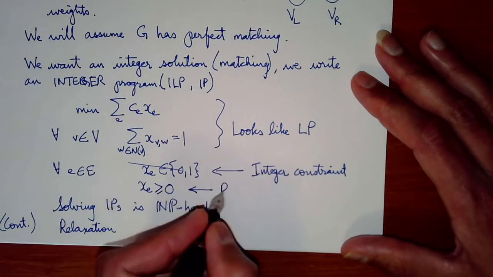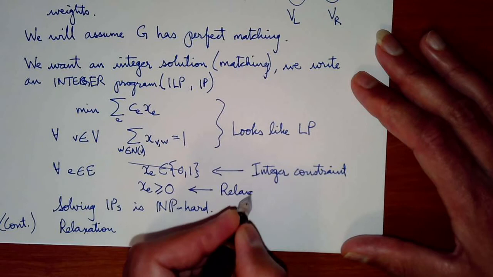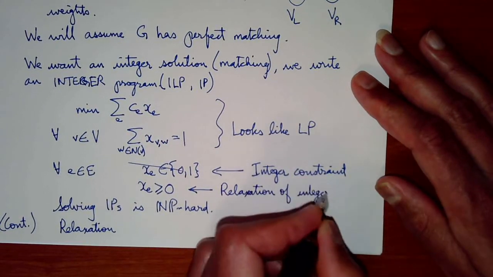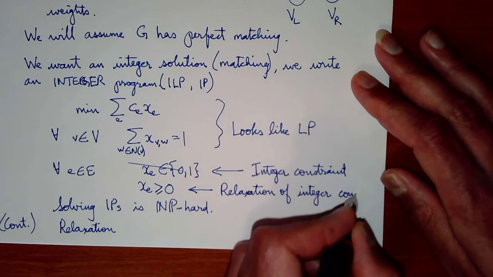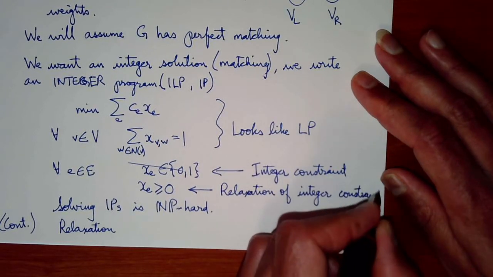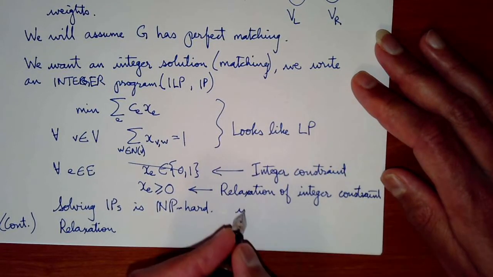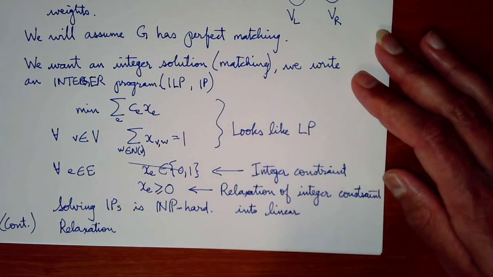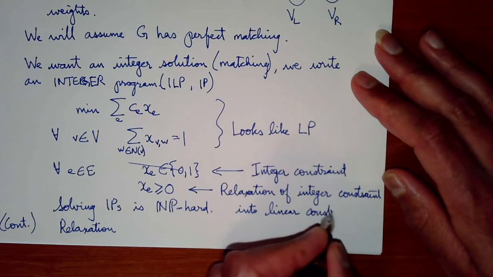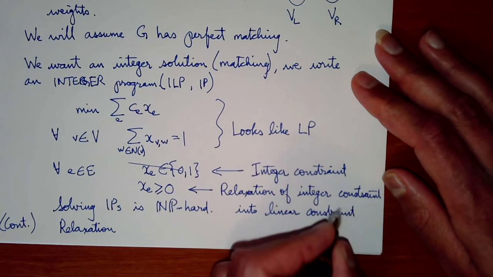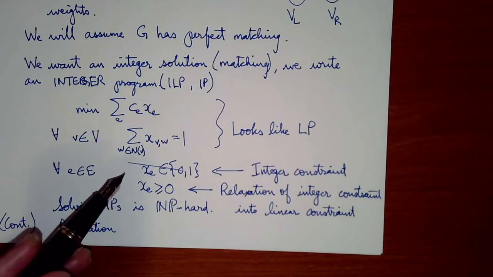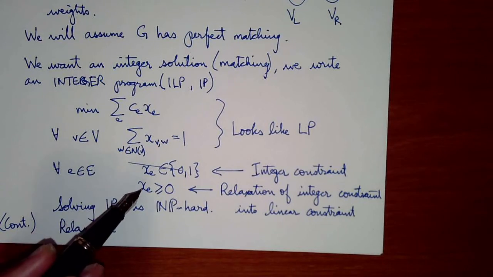So this is the relaxation of the integer constraint into a linear constraint. Another way to think about this is to, instead of having integer variables, replace them by continuous variables.